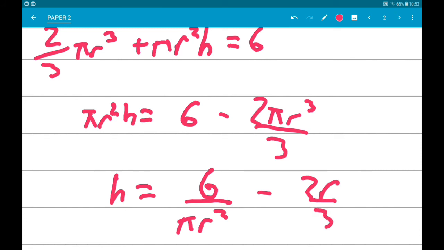Okay, now we sub that into our surface area.